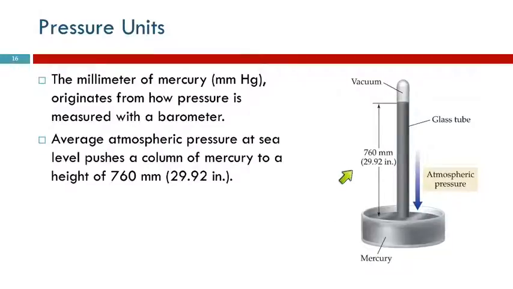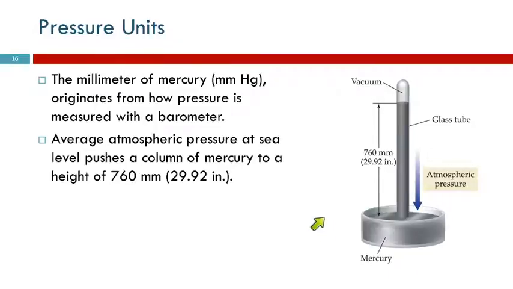And so they measured the height of the column of mercury in millimeters, and that became a unit of pressure. Normal atmospheric pressure at sea level is 760 millimeters of mercury. You could also measure that length in inches, which is what meteorologists use, 29.92 inches of mercury. So when they say the barometric pressure is 30.05 inches, they mean inches of mercury.